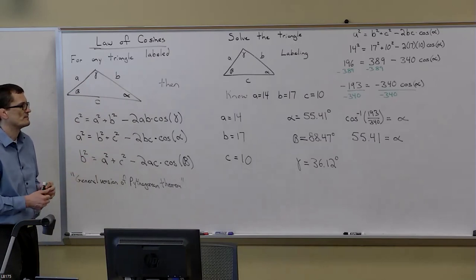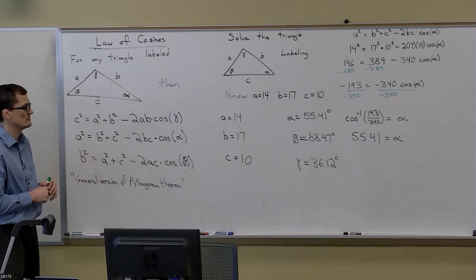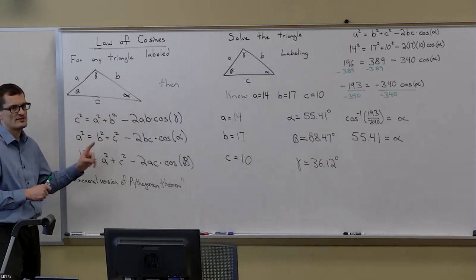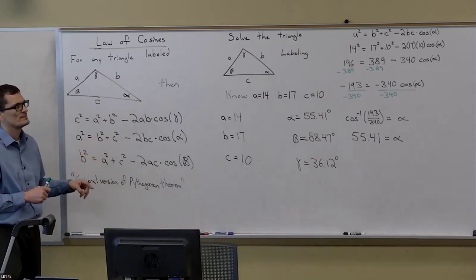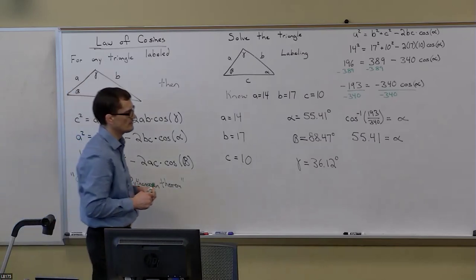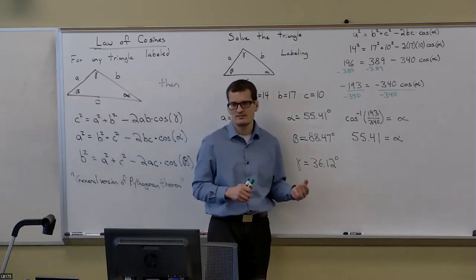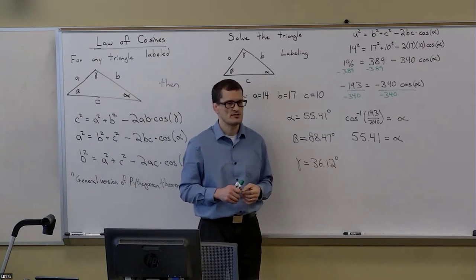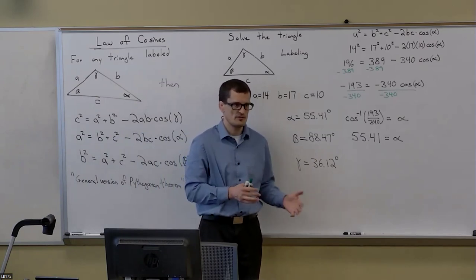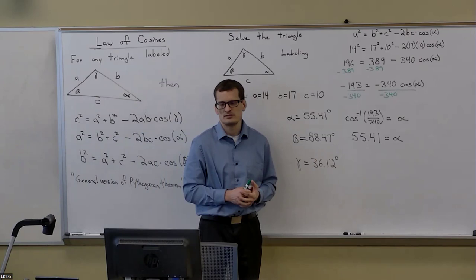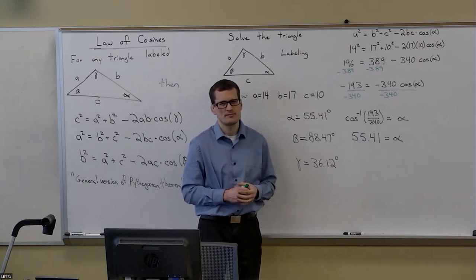And then to me, usually the easier way, once you've gotten one more piece of information, is to use the law of sines or the fact that three angles add up to 180 to get your other pieces of information. Okay. That makes sense.